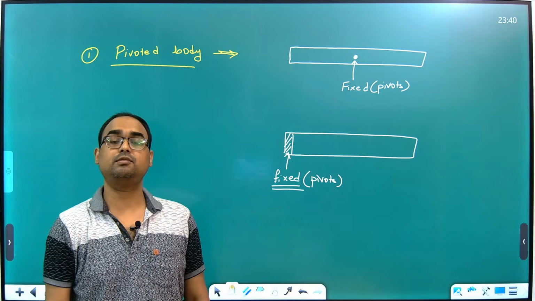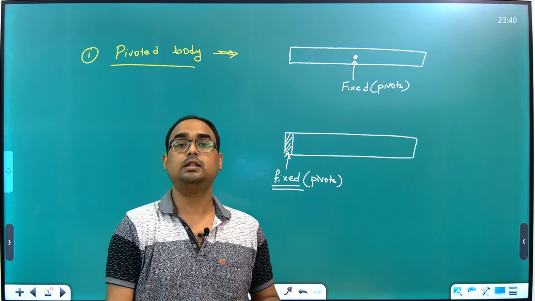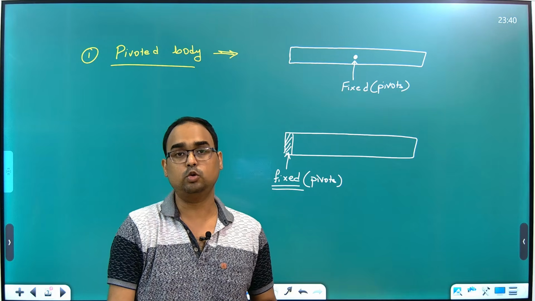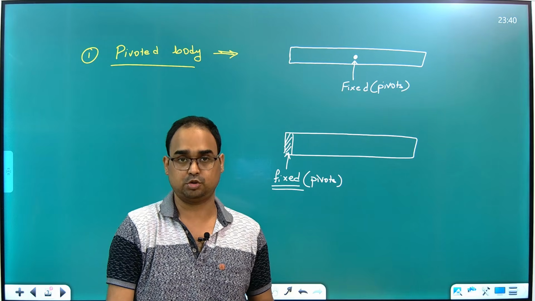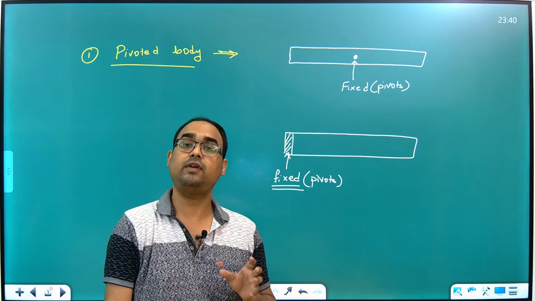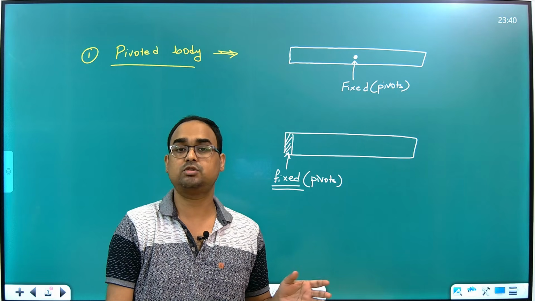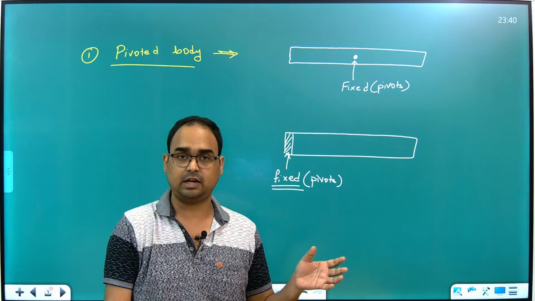Now, when you apply force on a pivoted body, the only motion that it can do is a rotational motion. Because since it is fixed at a point, it cannot move in a straight line, it cannot move in a curved line.